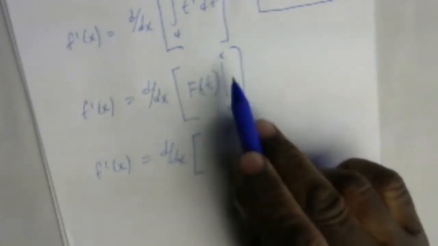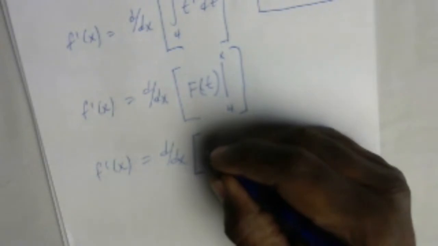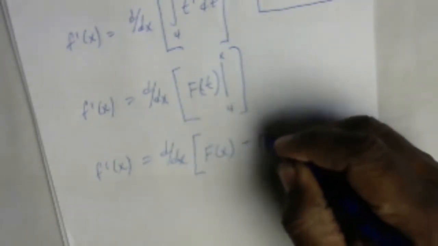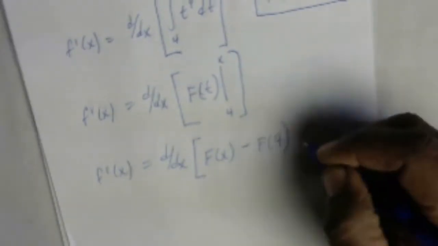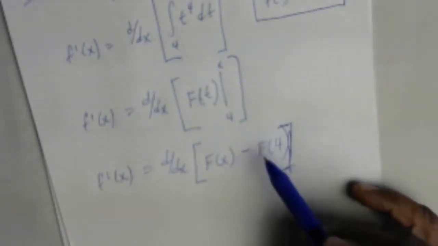So f prime of x is equal to capital F of x minus capital F of 4, because wherever I see a t, I put an x, and wherever I see a t, I put a 4.